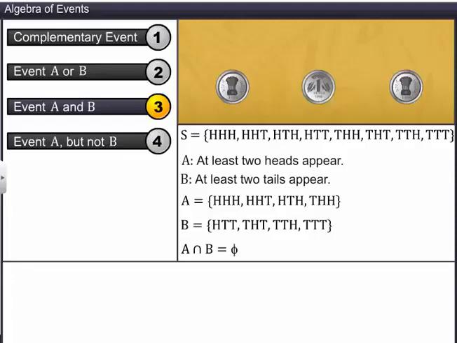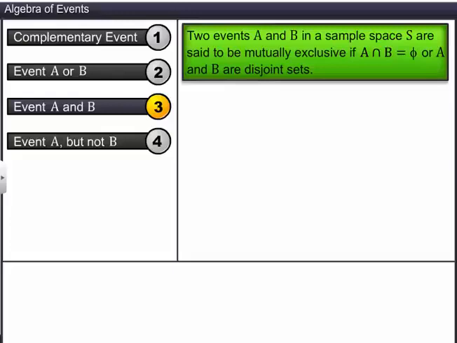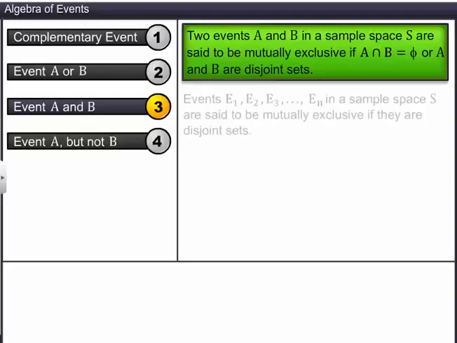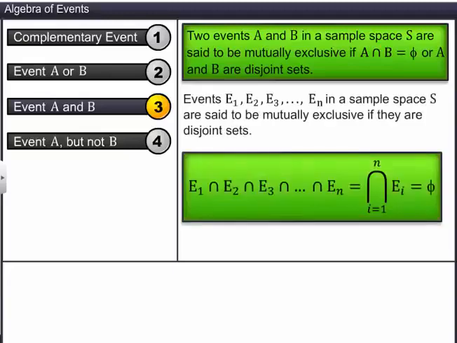Two events A and B in a sample space S are said to be mutually exclusive if A intersection B is equal to the null set, or A and B are disjoint sets. In general, events E1, E2, E3 and so on in a sample space are said to be mutually exclusive if they are disjoint sets. However, some mutually exclusive events in a sample space are exhaustive.